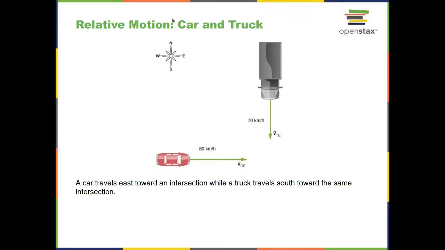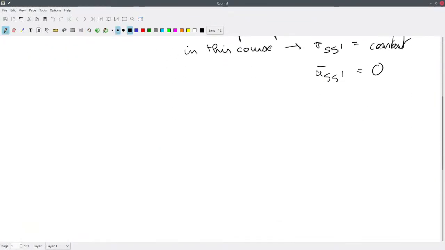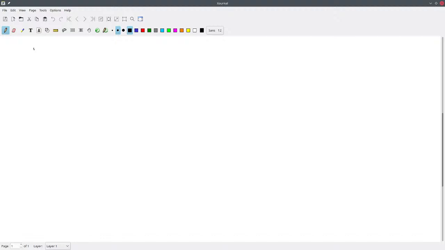So we can write this down in components. Let's call this example car and truck intersection.